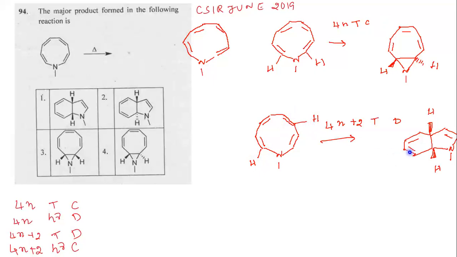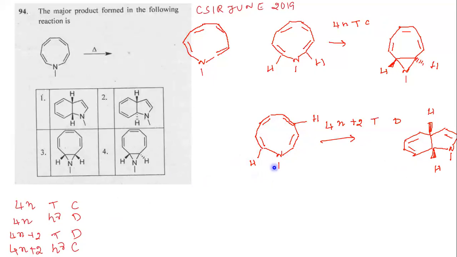So we get the two rings fused like this, with the rearrangement of the pi electron system. The pi electrons through this carbon make a bond with this one, then these pi electrons move here, and these pi electrons move here. That is how the system is formed. These two hydrogens now become cis to each other because we are doing a 4n plus 2 thermal disrotation.